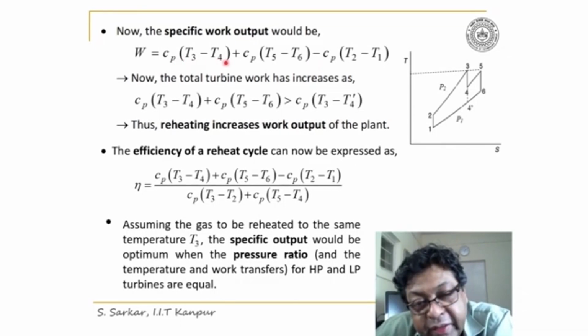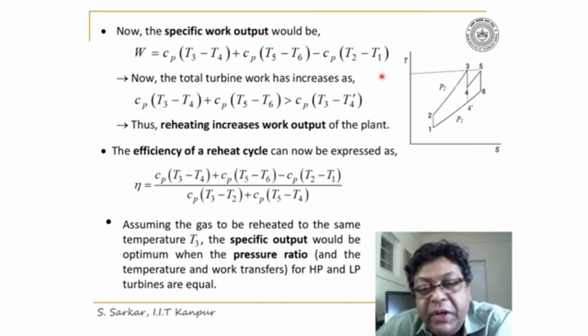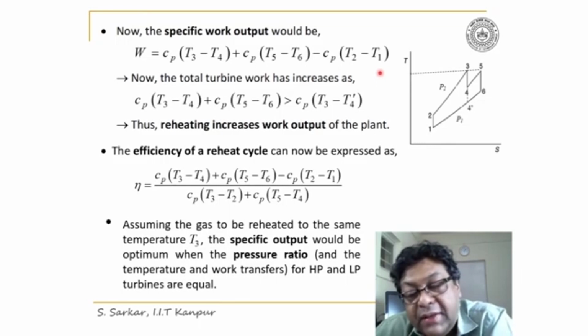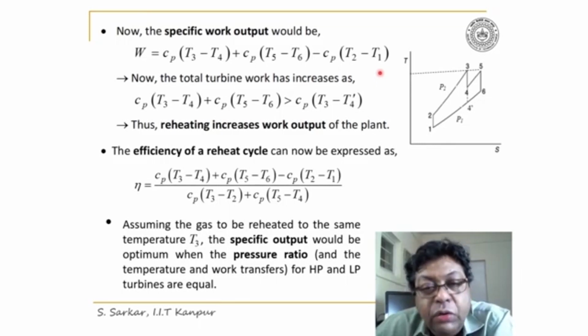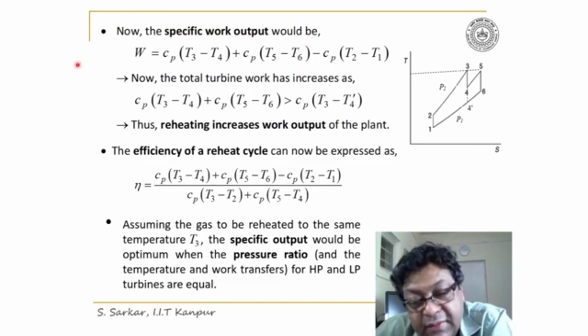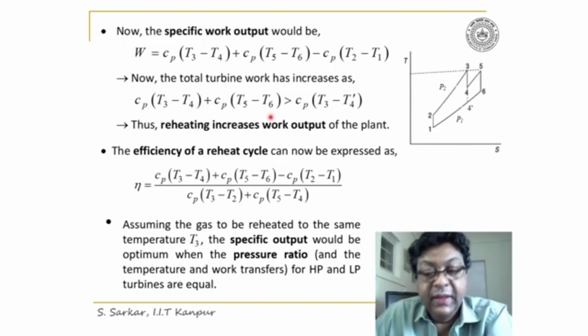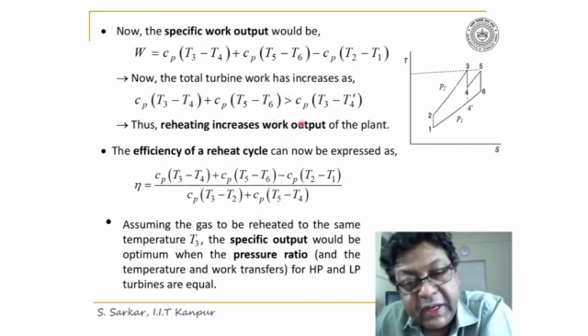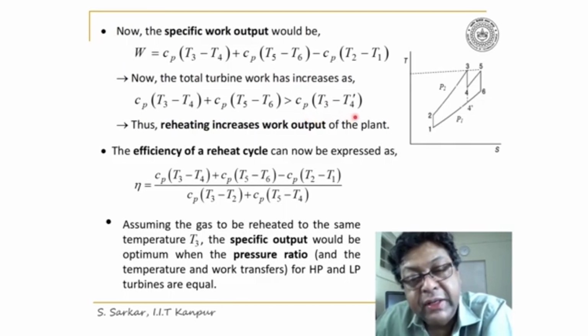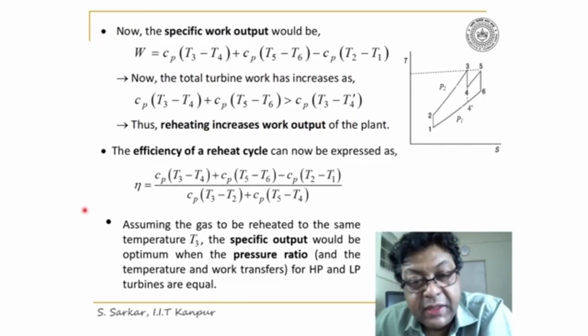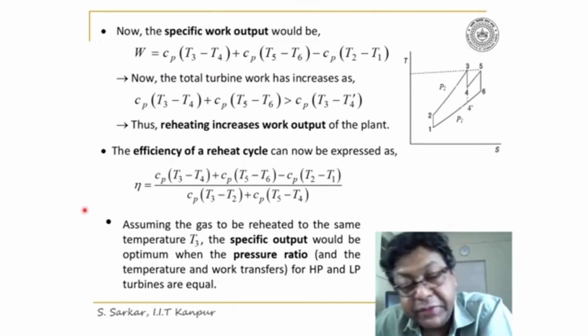This one represents the work done by HPT, and this one is work done by LPT, minus compressor work, which is equal to Cp into T2 minus T1. Now look here, the total work Cp into T3 minus T4 plus Cp into T5 minus T6, the summation must be greater than Cp into T3 minus T4 dash. Thus, because of reheating, the work output has increased.